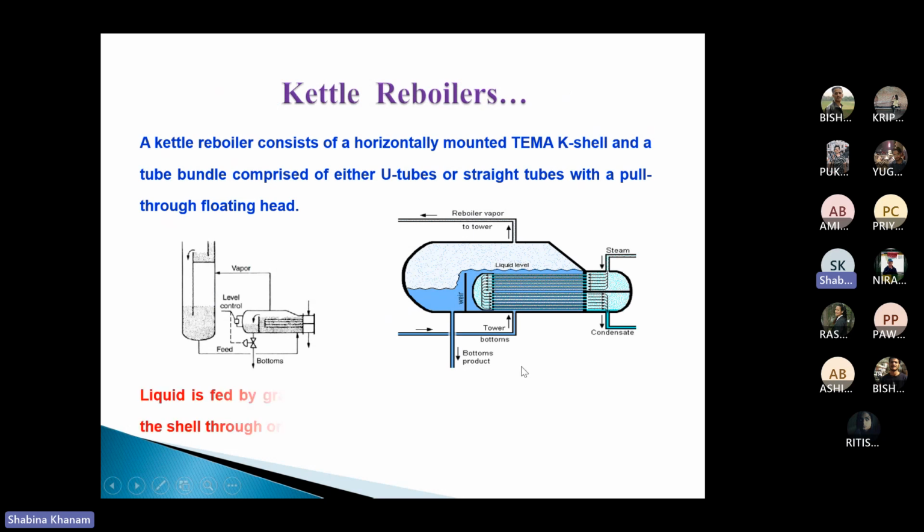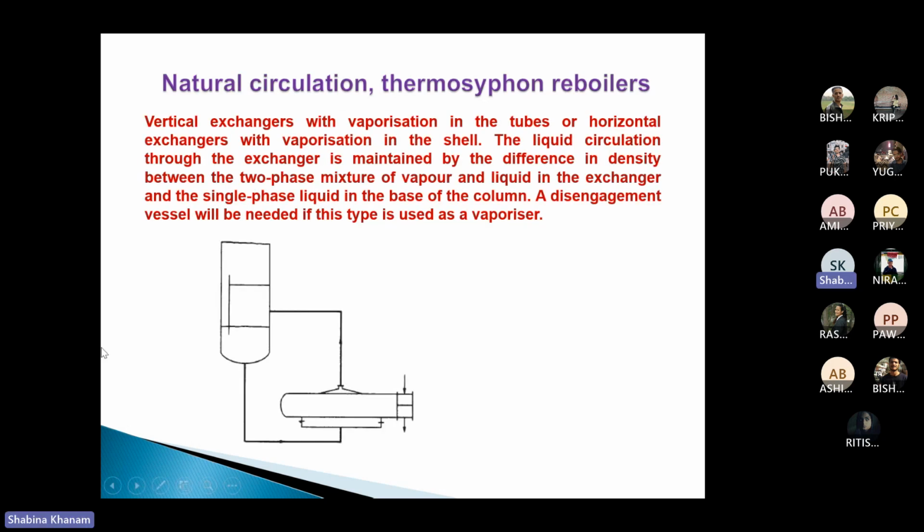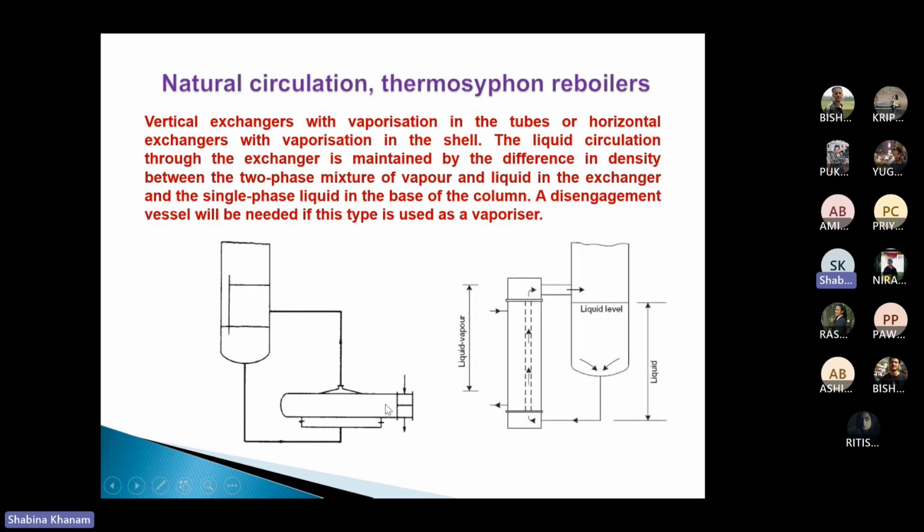That is the thing. If I consider a natural circulation reboiler of horizontal type, in this case both horizontal and vertical placement are possible. If I'm considering horizontal placement, then whatever vaporization is occurring will always be in the shell side, because we are not using any pump or any media to drive the flow in this system.